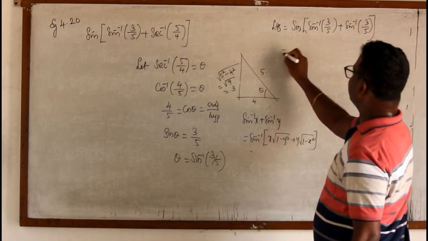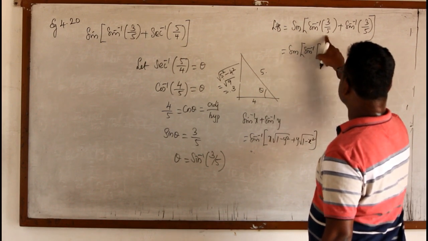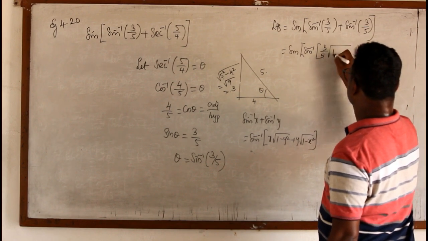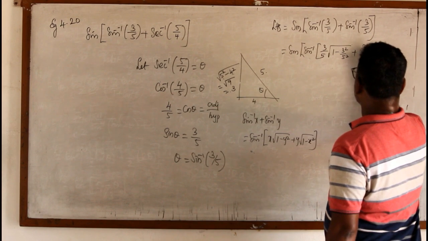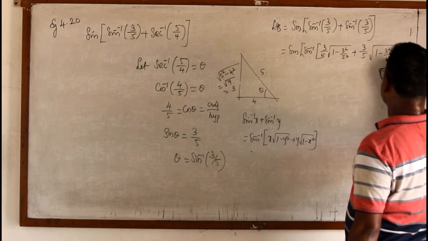Now we shall apply here. It is sin inverse of, this is x, this is y. So x is 3 by 5 into root of 1 minus 3 square by 5 square, plus y is also the same, 3 by 5, root of 1 minus 3 square by 5 square.